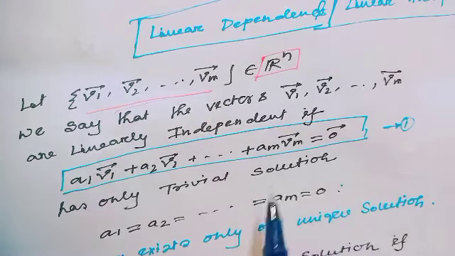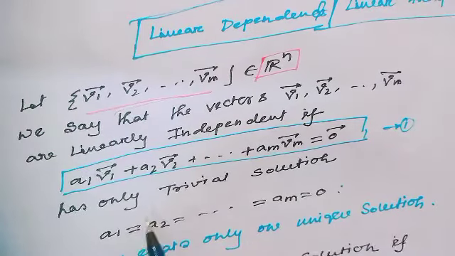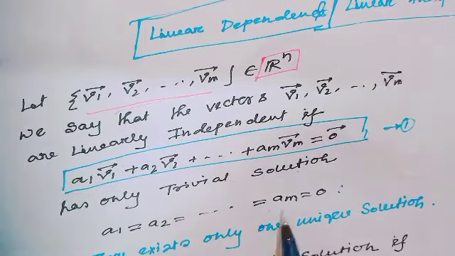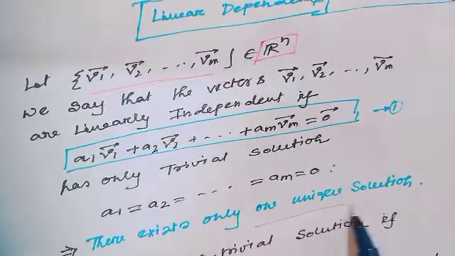Here the vectors belong to Rn, with n components. If the vectors are linearly independent, since all scalars are 0, there exists only one unique solution.